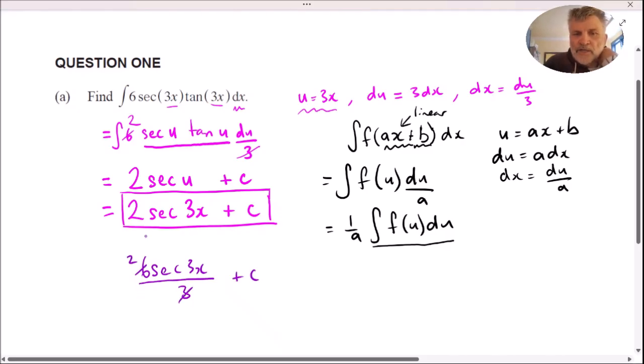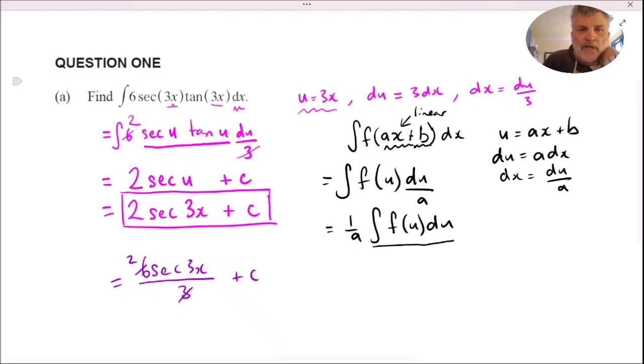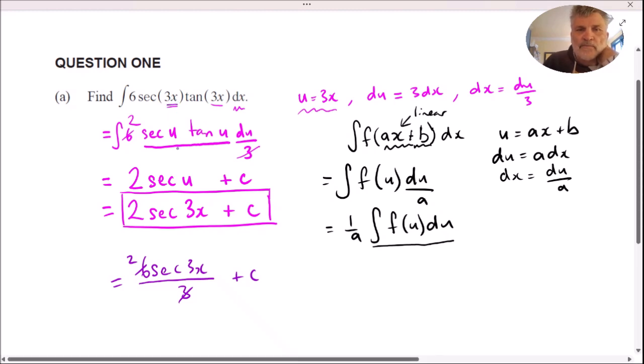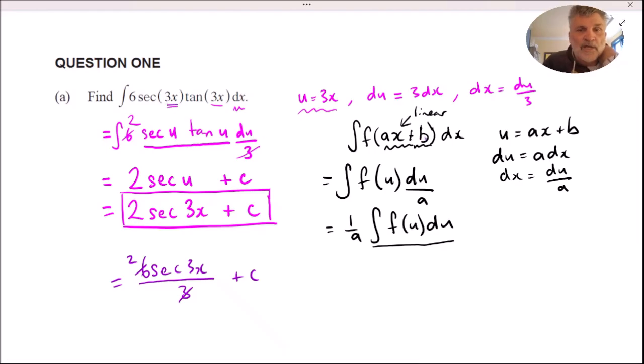Do the simplification, and I get the same answer in one step by knowing this rule. Linear term inside means I can just divide by the coefficient of x in the linear term. The b part plays no part, except that it would reappear in the final answer. We'll see some of those later in this examination. So that's 1a.